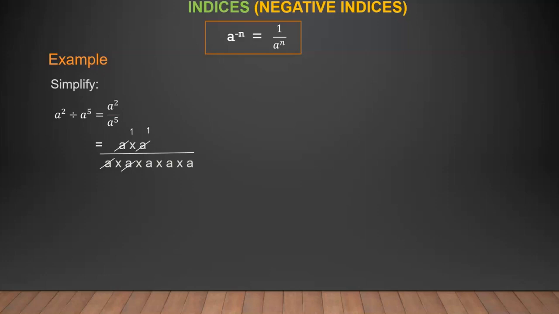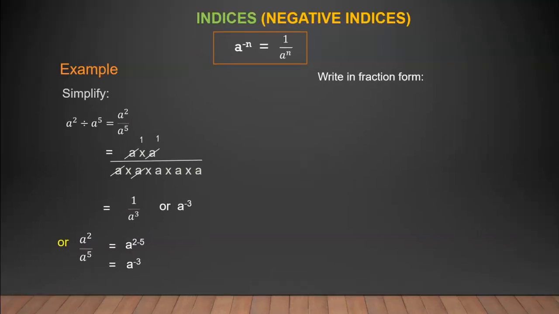On the numerator, we just have 1 times 1, which is 1, and for the denominator, we have a times a times a, which is a cubed. So 1 over a cubed can be written down as a to the negative 3. It just means that if the power is negative, the denominator has a bigger power. Or we could just follow the second rule of indices, wherein we subtract the indices. The index of the numerator is 2 minus 5, so you have a to the negative 3.